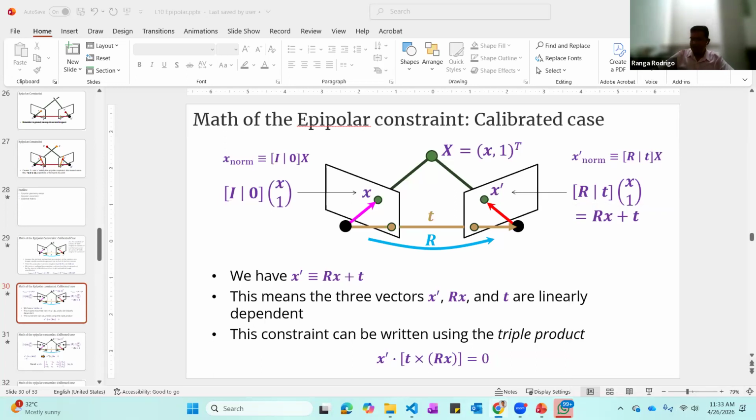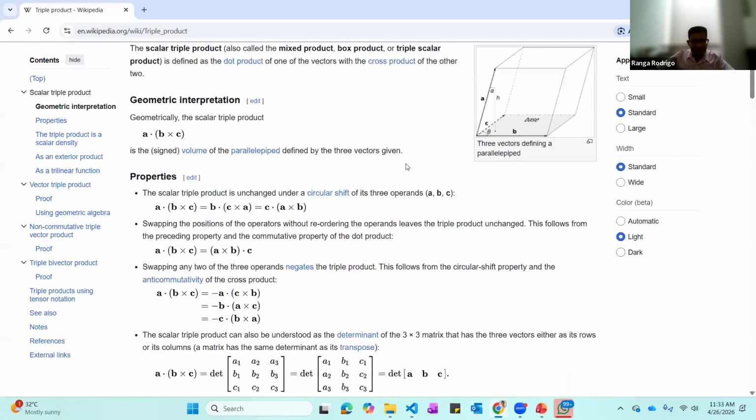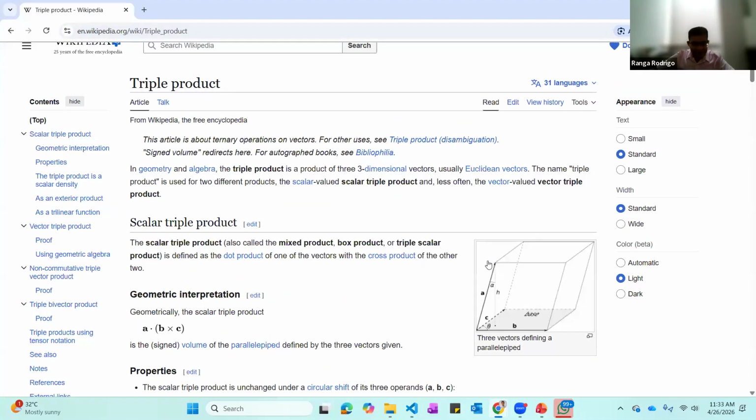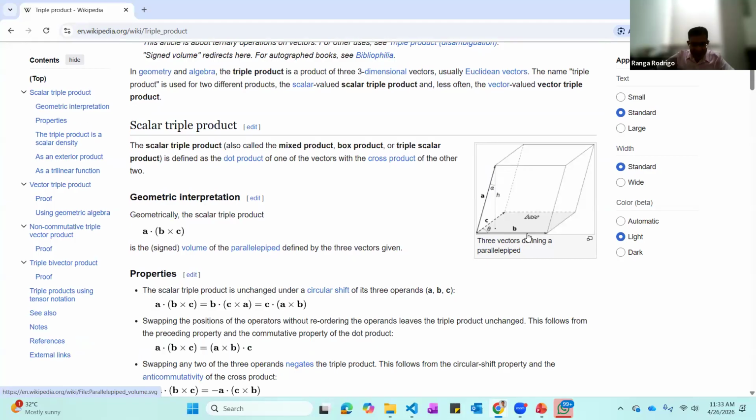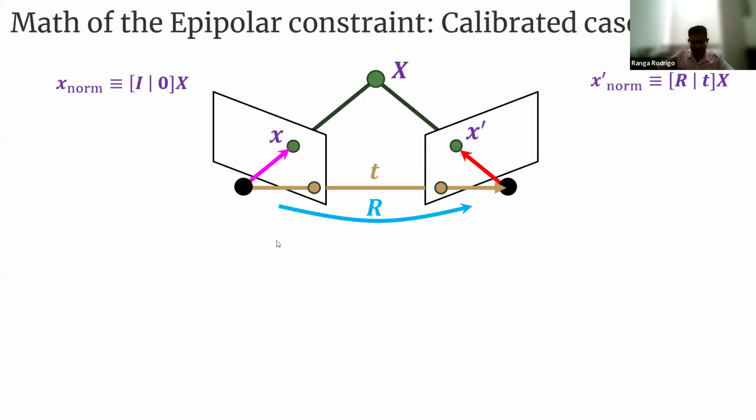Yeah, triple product. Do you remember this? If you have a vector B here, vector C there, and vector A there, the triple product is A dot B cross C. Maybe you remember from A levels. So I just wanted to show you that this is a familiar concept.